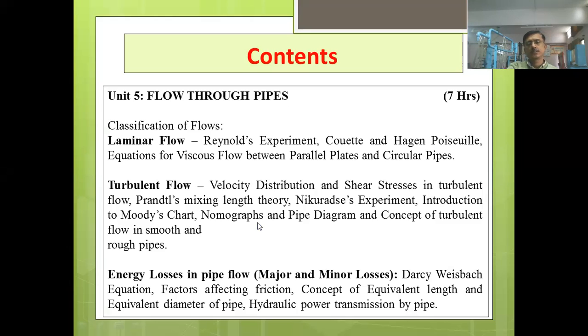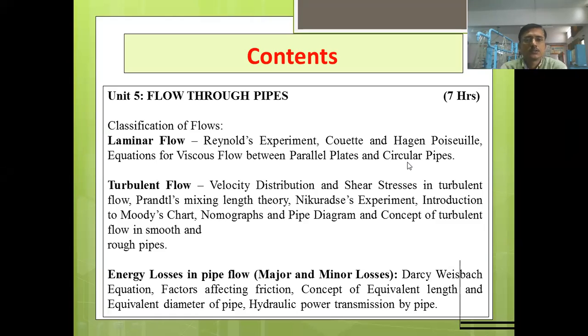These are the contents that we are going to learn in this unit number 5. Total 7 hours weightage has been given by the university allotment. Within 7 hours we have to complete this unit.